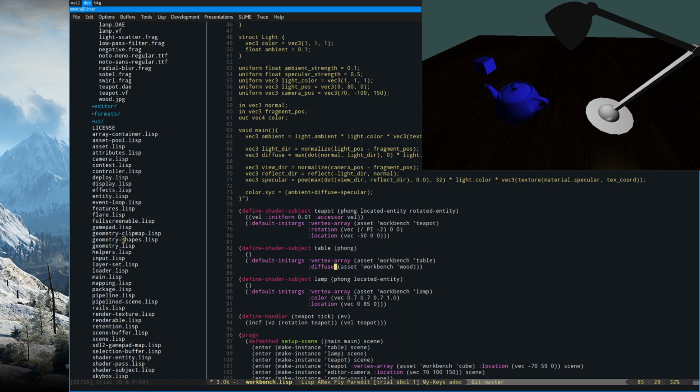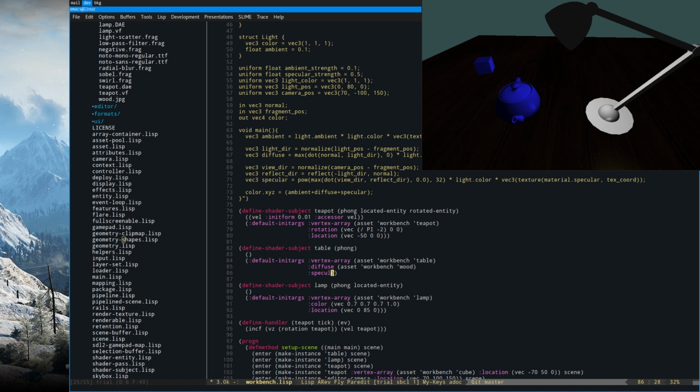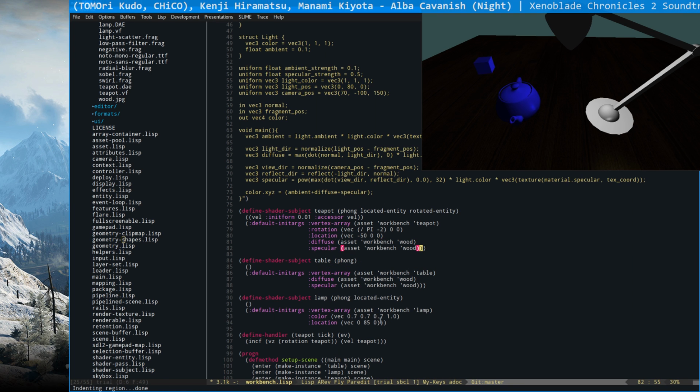Non-ambient keys. And for the specular, I'll just specify the same for now. And until I get better textures, everything is going to be just wood now.